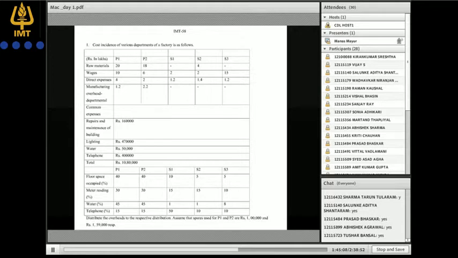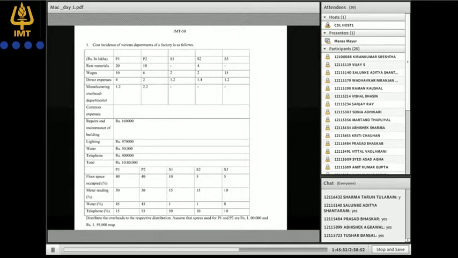So you can see here, because P1 and P2 are manufacturing departments, the floor space occupied by them is large as compared to service departments. And if I see the usage of telephone, it is more for the service departments, especially S1, as compared to the production departments.